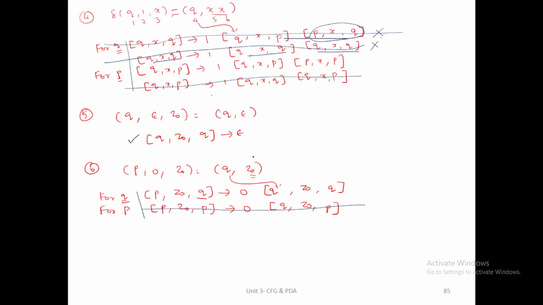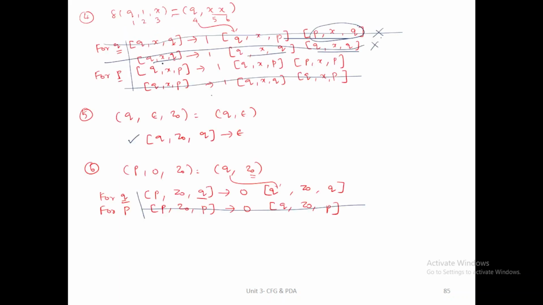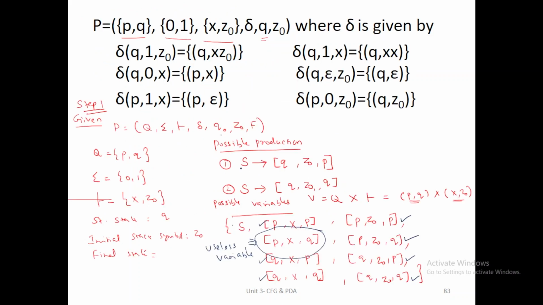Then step 4 is I want to write the productions. So it should take the starting state. So first I am writing the starting state. S implies, this will be written from the first step. So in the first step, these are all the possible productions.